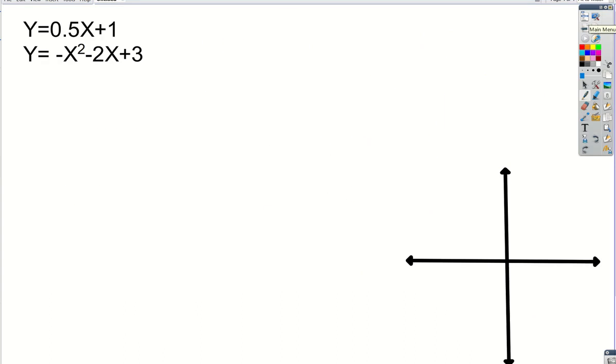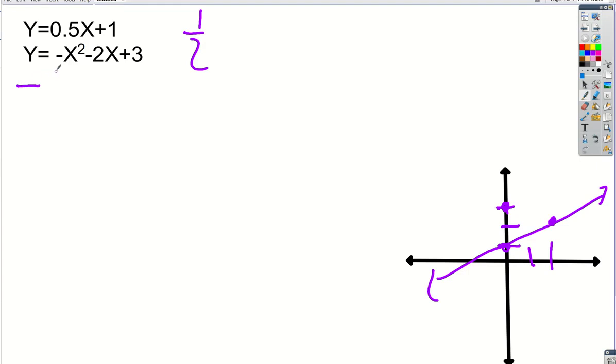And the last strategy we can use is we can just graph. So the way I'm going to do this is I'm going to just start at +1, and then 0.5 is the same as 1/2, so that means to go up 1 over 2. So there's my graph there. And then this one, this is my y-intercept at +3. And I'm going to find my axis of symmetry.